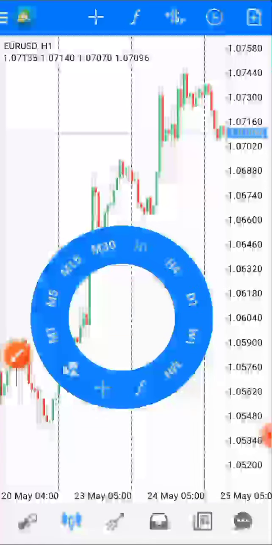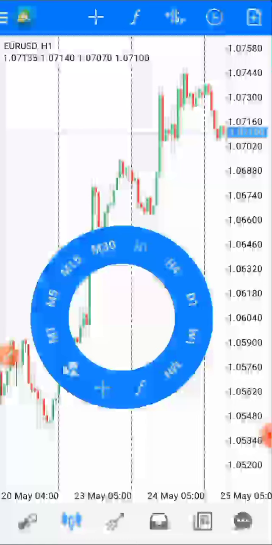So MetaTrader 5 for Windows gives other time frames, like 2 hours, 3 hours, 6 hours, all those things. A lot, up to 21 time frames. That's just one good thing about MetaTrader 5 for Windows. Just like TradingView, it gives other time frames.